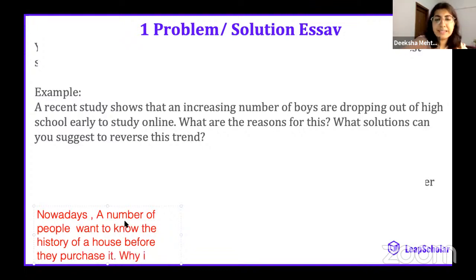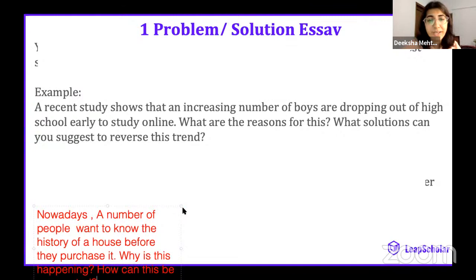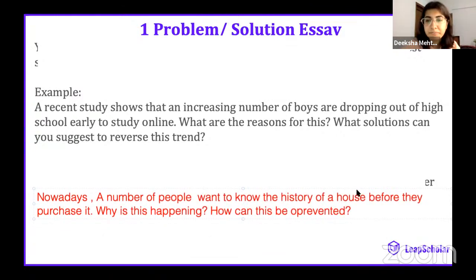Why is this happening? And how can this be prevented? Right? So this was a recent question that was asked in the IELTS exam.